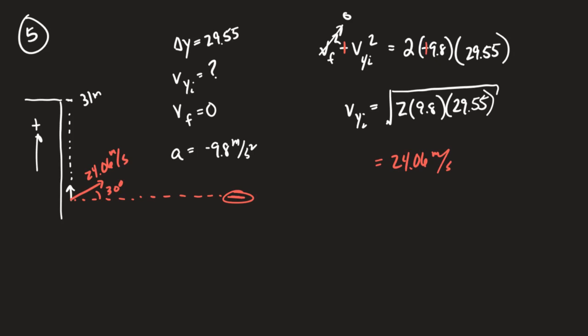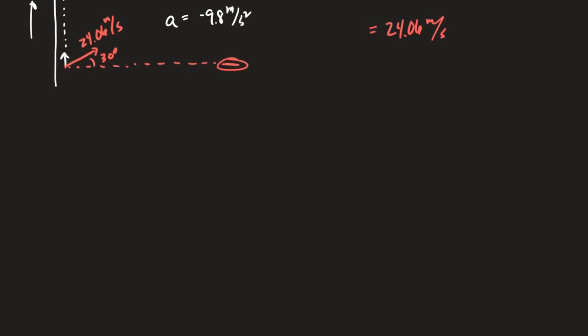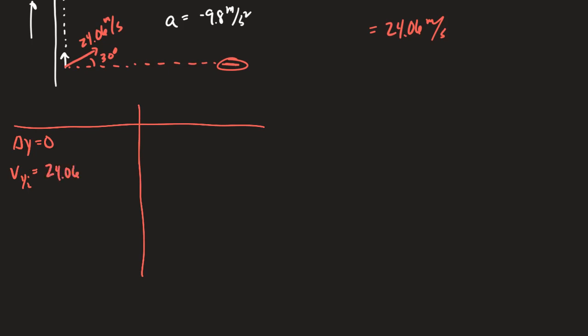So I'm going to create a projectile problem from there where delta y is going to be 0 because it's going to land at the same height as it's launched. The initial y velocity is going to be 24.06 sine 30 degrees. I don't know what Vy is and don't care.